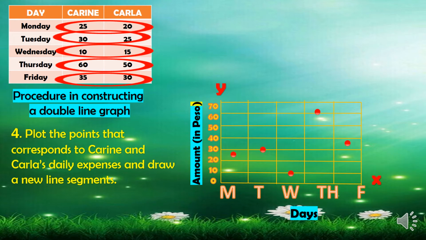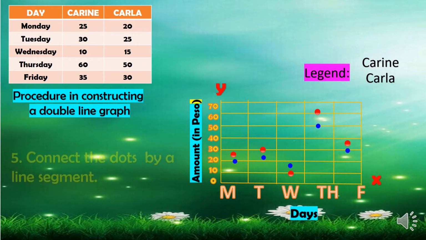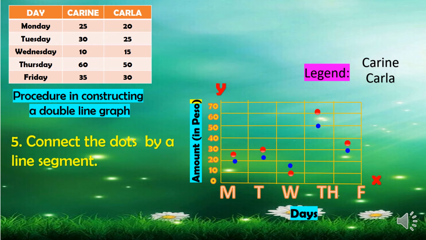That is for Karine. Then next, for Carla, we have 20, then 25, 15, 50, and then 30. So connect the dots by a line segment. So let us first connect the expenses of Karine.